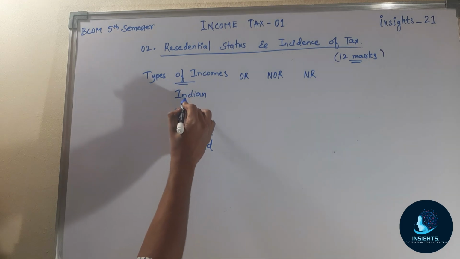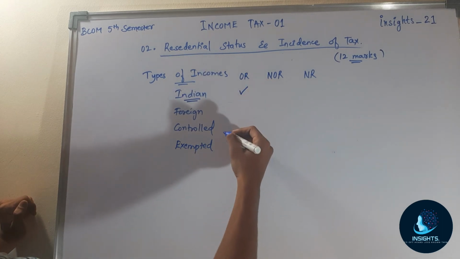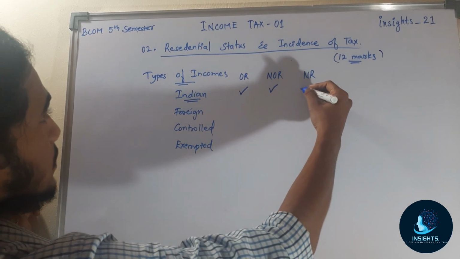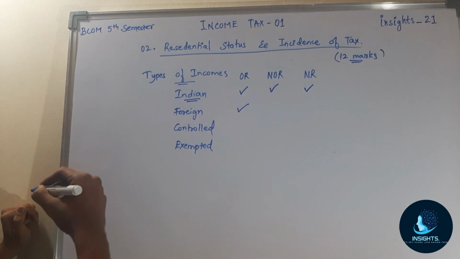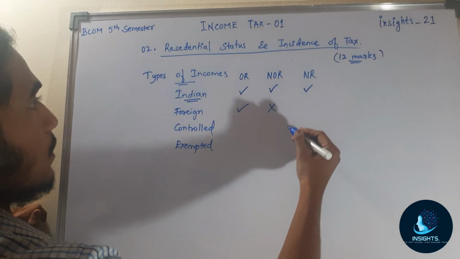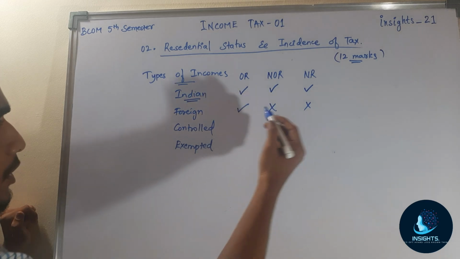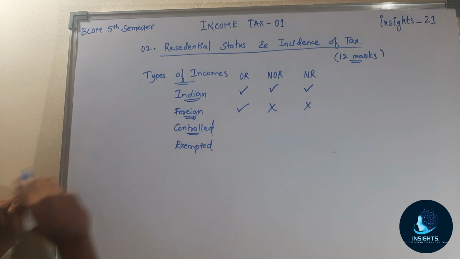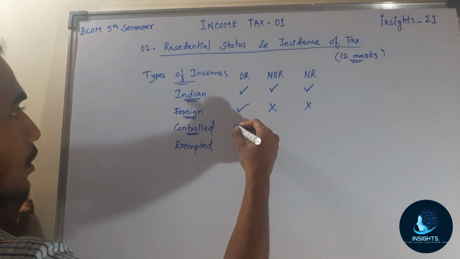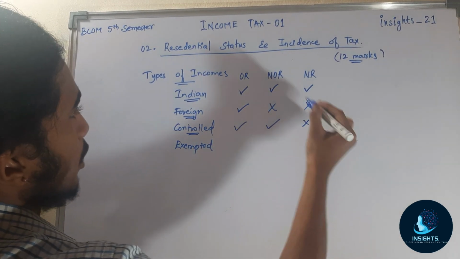So when the income is an Indian income, we will consider it for ordinary resident, not ordinary resident, as well as a non-resident. So if the income is a foreign income, we will consider only ordinary resident and not ordinary resident. Non-resident will not be considered for foreign income. When it is a controlled income, we will consider ordinary resident as well as not ordinary resident, but we won't consider a non-resident.